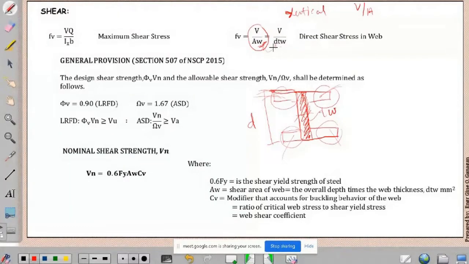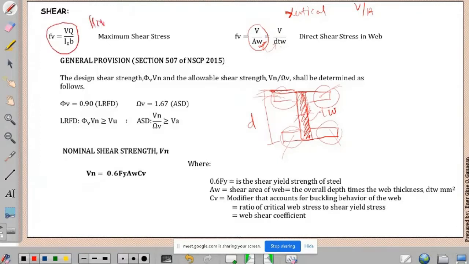And yung ating pangalawang consideration sa ating shear is yung tinatawag nating horizontal shearing stress. So pag maalala nyo pa from your strength of materials, if you could still remember, yung equation natin for the horizontal shearing stress developed is equal to this value.